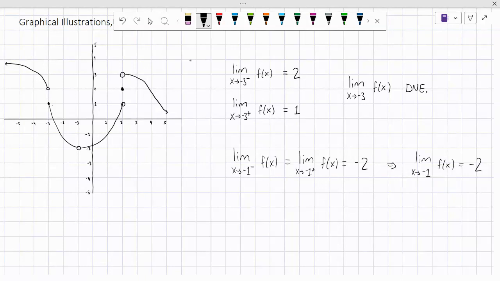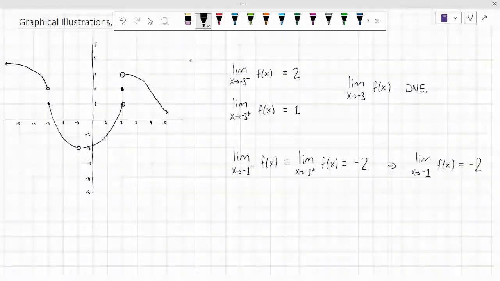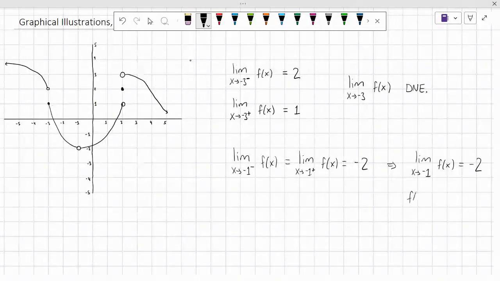We're not concerned with what value the function is equal to, but only what value it's actually approaching. So f at -1 is actually undefined because we have a hole in the graph at that point. But the limit as x approaches -1 is going to be -2 because that's the value that the function is approaching.